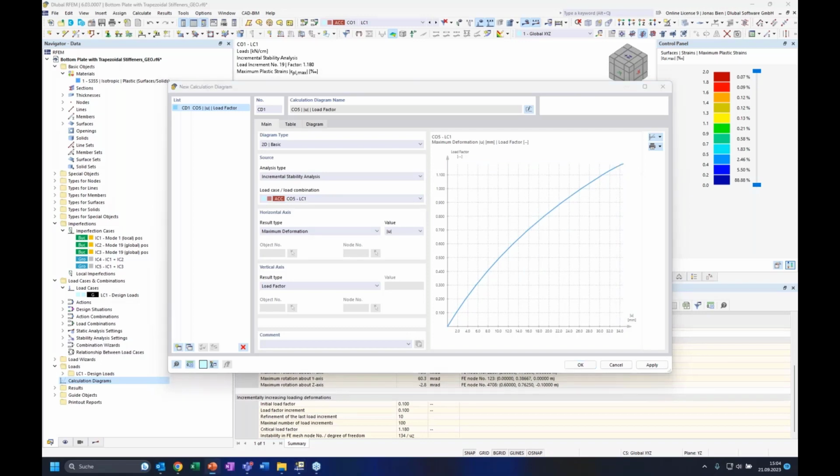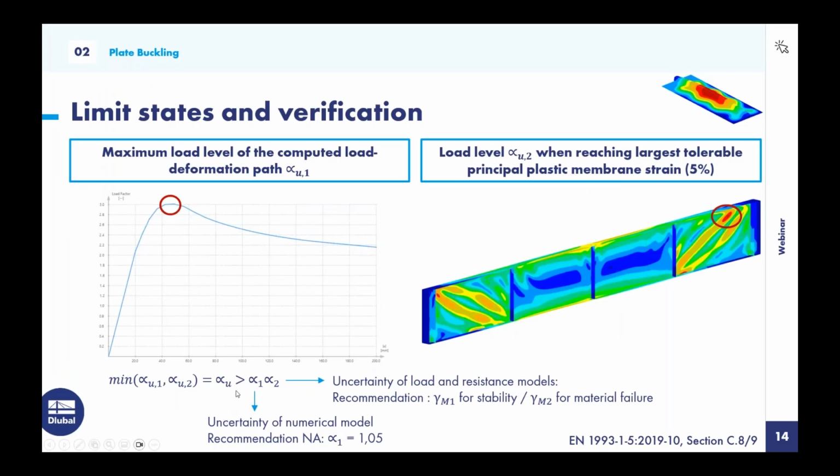And I would use this as the decisive load factor alpha_u, and I would then only need to compare this load factor with my resistance, or the product of my safety factors. And for those, I would take 1.05 as recommended in the National Annex of EC3 Part 1-5. And for the alpha_2, I would take gamma_M1, because I can clearly see that material failure is not an issue in my example.